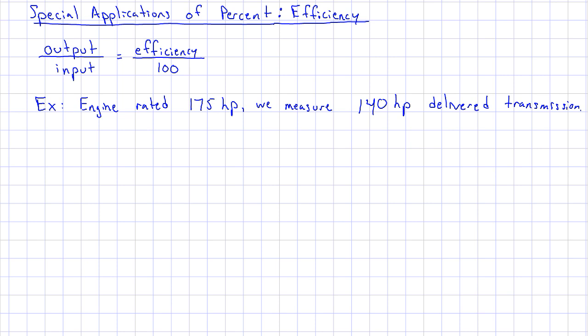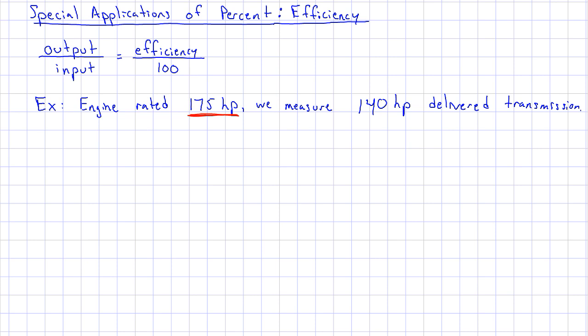Something that's confusing about this is that a lot of students are going to look at this and say the engine is rated at 175. It's not totally clear whether that's the output of the engine or not, right? What's actually happening is that is actually the input.